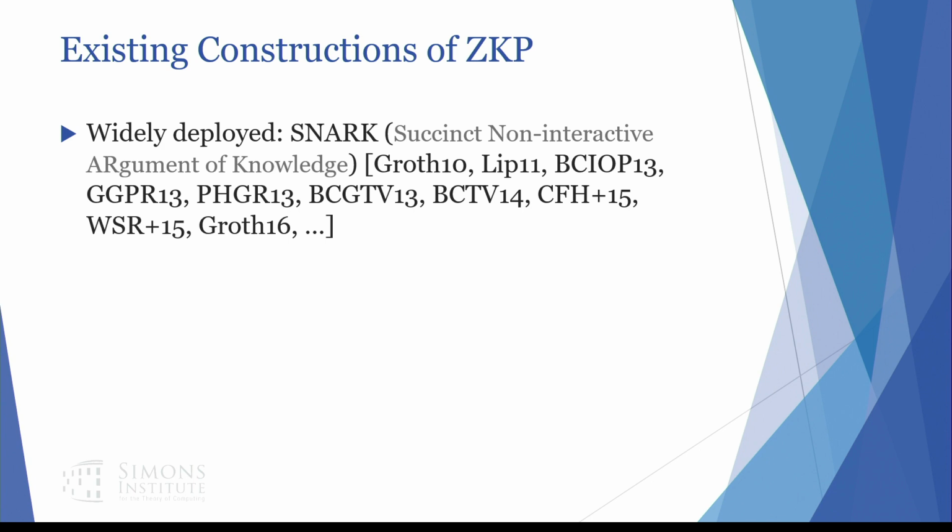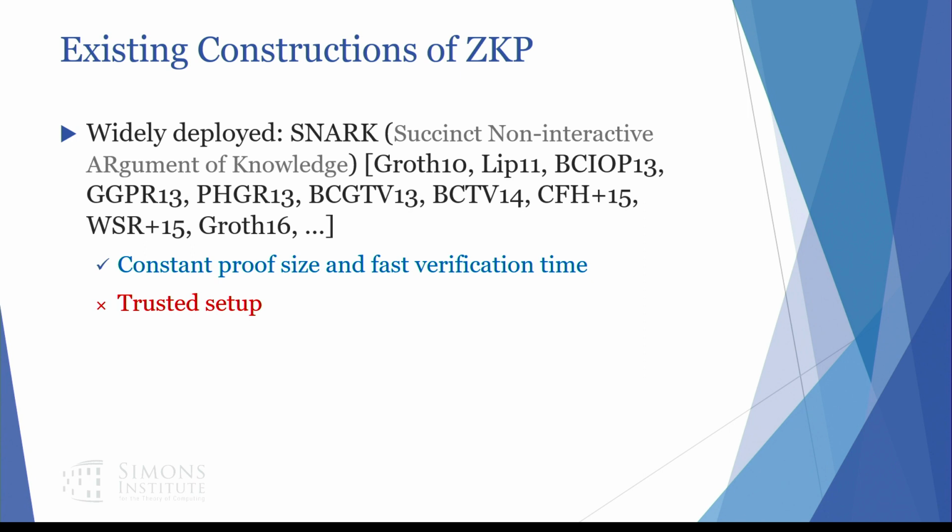And recently, we have Sonic making an updatable and universal common reference string. And one of the reasons it is the most widely deployed one is it generates a constant size proof, in practice only hundreds of bytes, and the verification is super fast. So this is great for applications like blockchain.